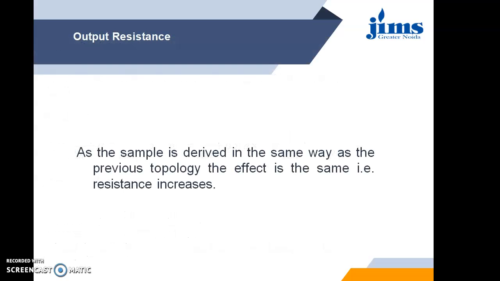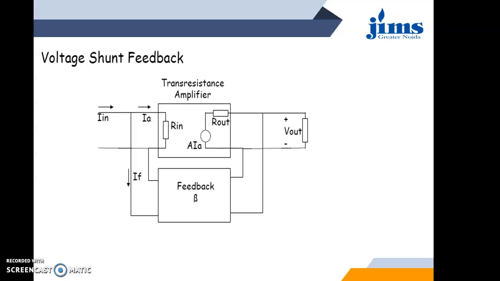Now the last configuration is voltage shunt, in which the output port is in shunt. The output energy applied is voltage, and the same voltage is applied in shunt, whereas the input port is also in shunt, and in shunt the currents are divided.